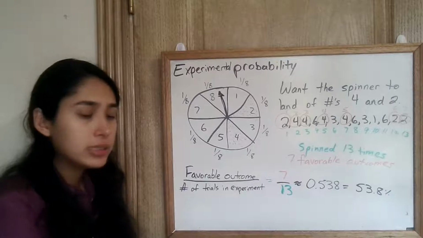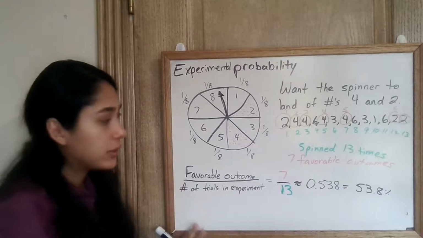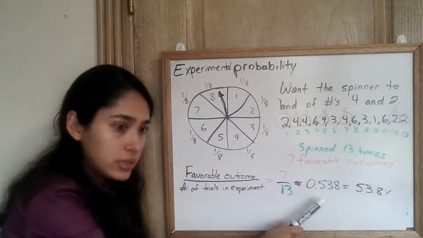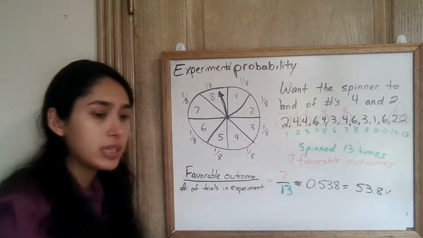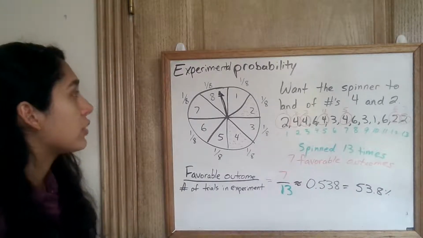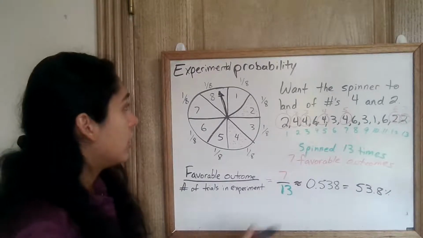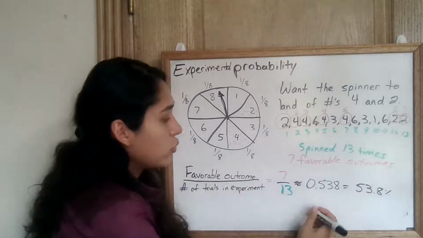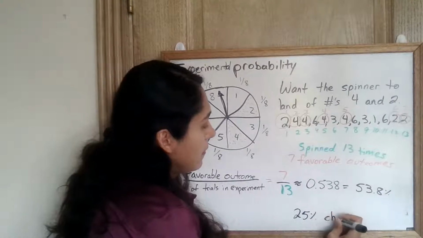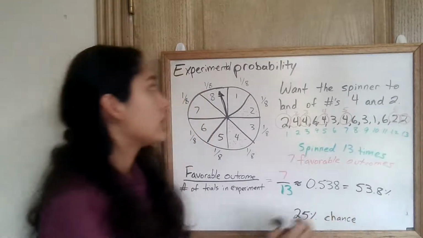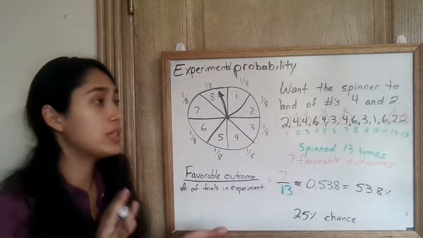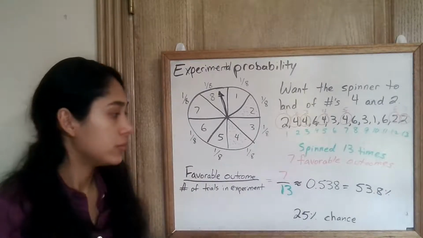So in reality, in this one experiment, we saw that there was a 53.8% chance of getting what you wanted. But what we had seen with our simple probability was that there was actually a 25% chance. So yes, what actually happens and what your probability is is probably not going to be the same.